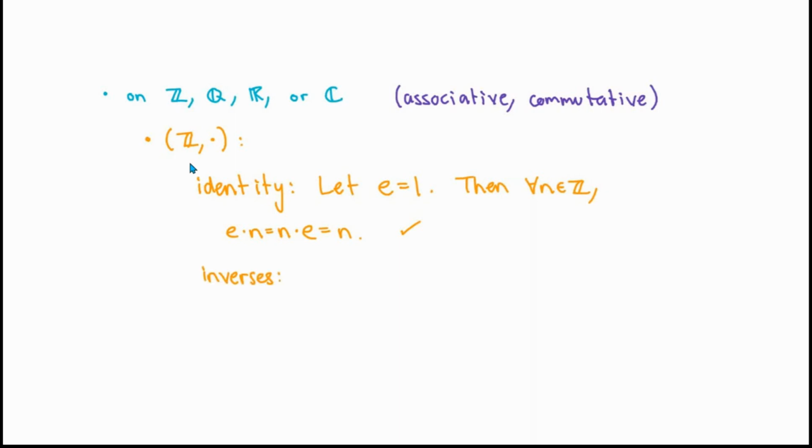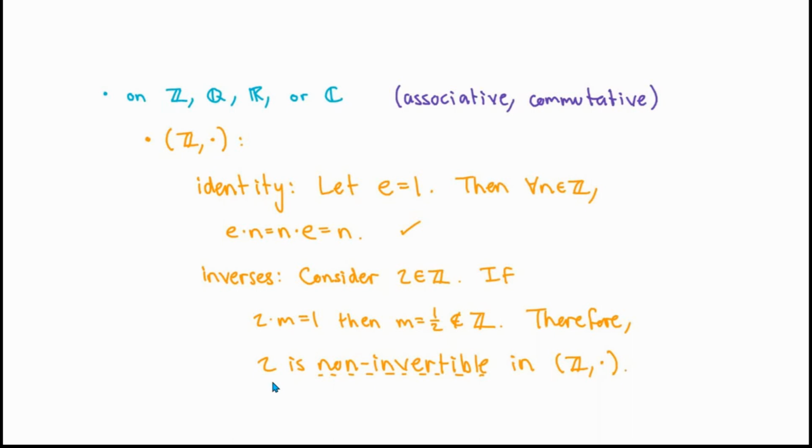Now let's consider the question of whether or not every integer has an inverse with respect to multiplication. In other words, is it true that for every integer n, there exists an integer m with the property that mn equals nm equals 1? Well, of course that's not true, and one example of an integer that doesn't have a multiplicative inverse is the integer 2. If 2 times m were equal to 1, that would force m to be a half, but a half is not an integer.